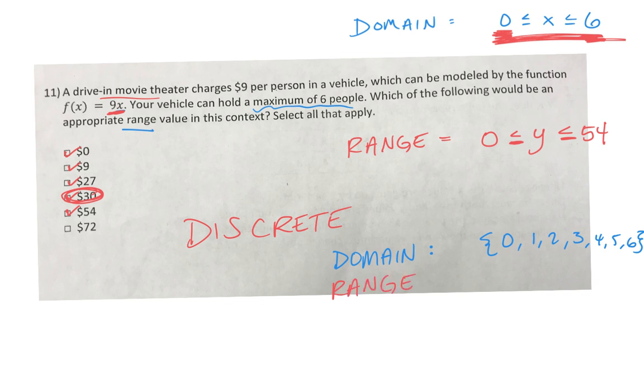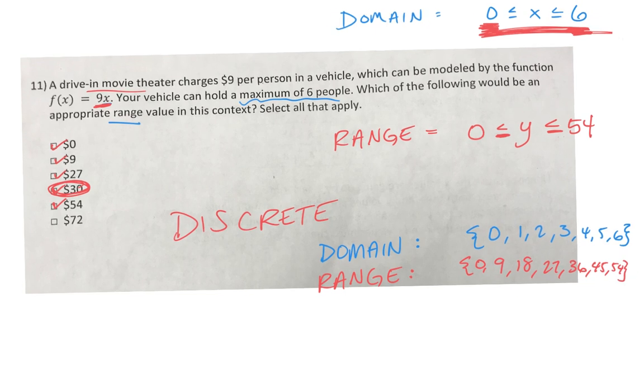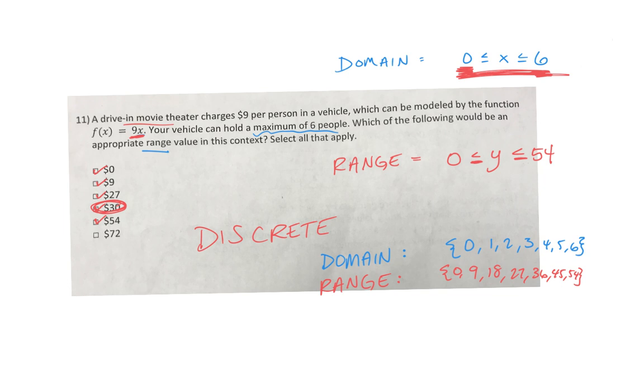That means my range is going to be how much would it cost for 0 people? How much would it cost for 1 person, 2 people, 3 people, 4 times 9, 36, 5 people, 45, and 6 people, 54. So when I do my range, it's how much am I paying for each of those people?